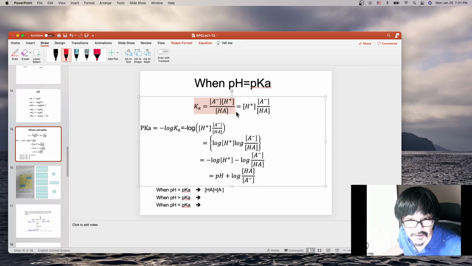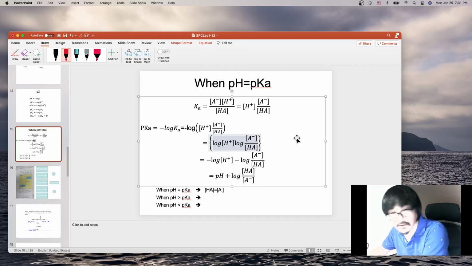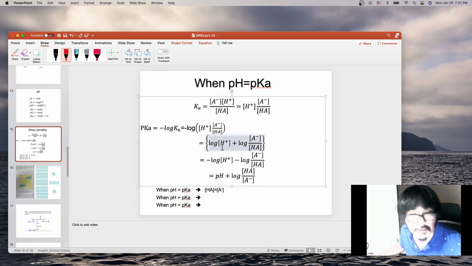And Ka turns out to be that guy right here, or we can put this one right here, right? And then it looks like we have a multiplication of that and a multiplication of that, right? So when you multiply two things, then you actually have an addition here, right?